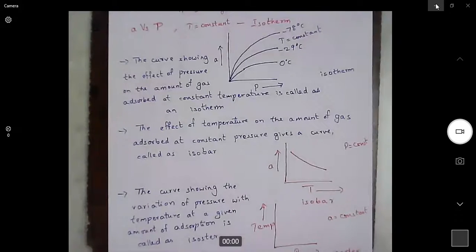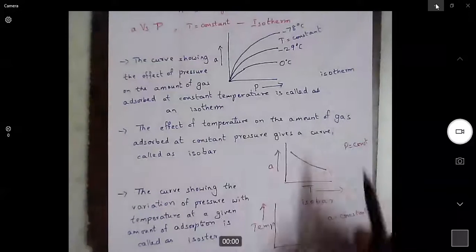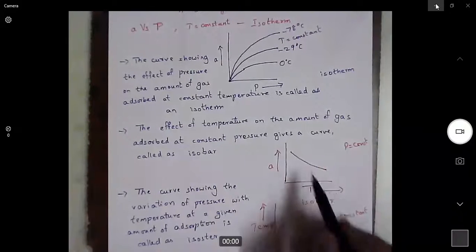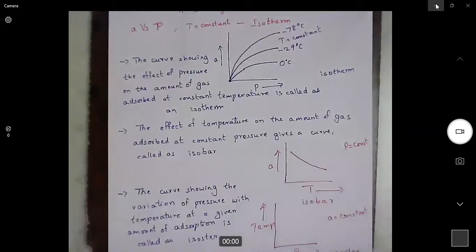Now, we know with increase in pressure, adsorption increases, but with increase in temperature, adsorption decreases. So to have a balance between the effect of pressure and temperature, the graph looks like this.